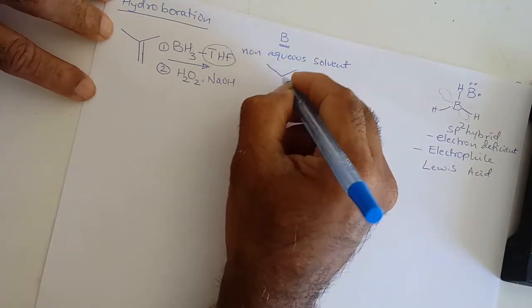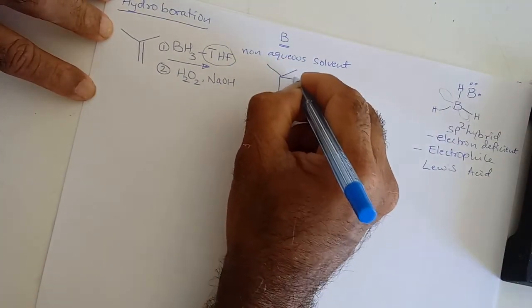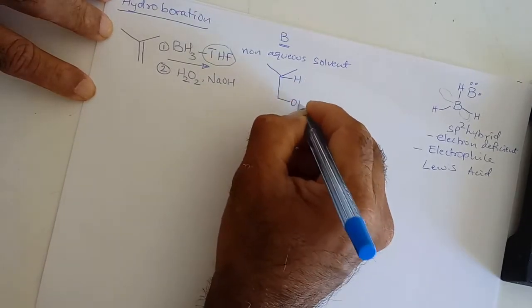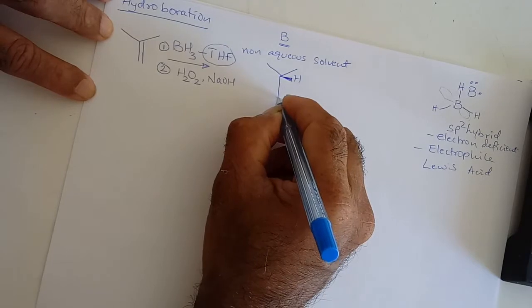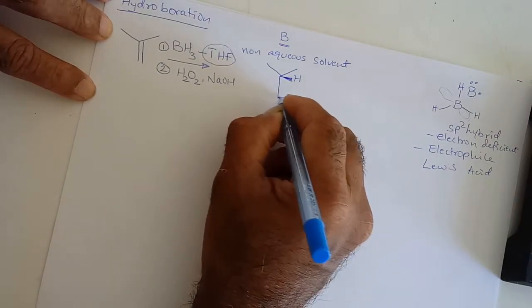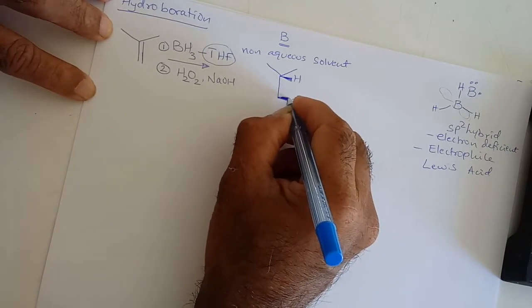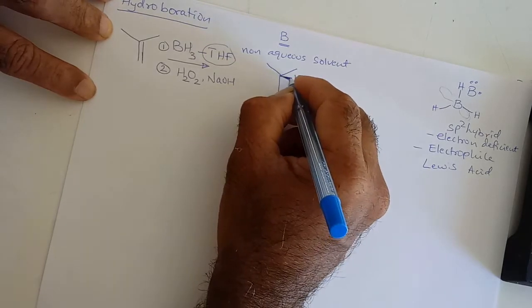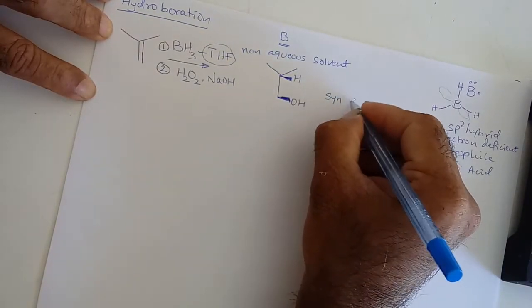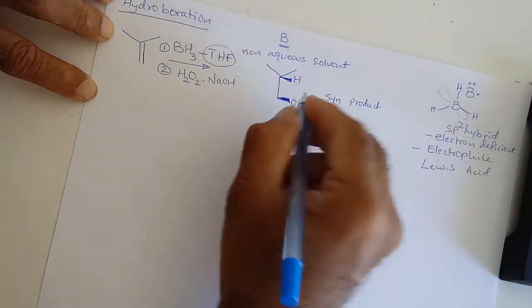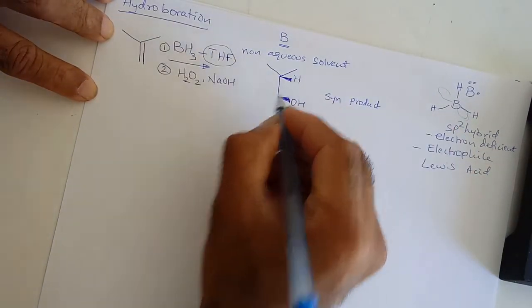Interestingly, this reaction gives H adds here, OH adds here, and a very interesting thing is they are both, see in previous cases we didn't worry about the stereochemistry. These are essentially syn to each other. That means H and OH are syn to each other.